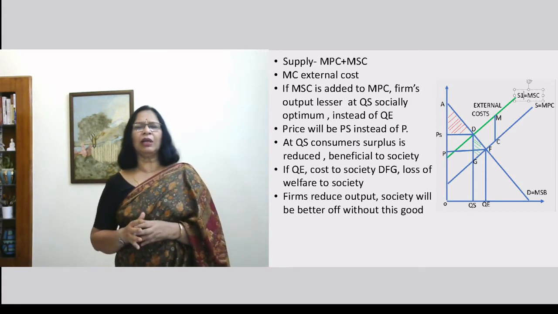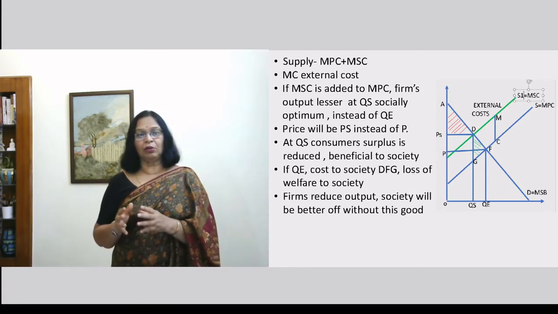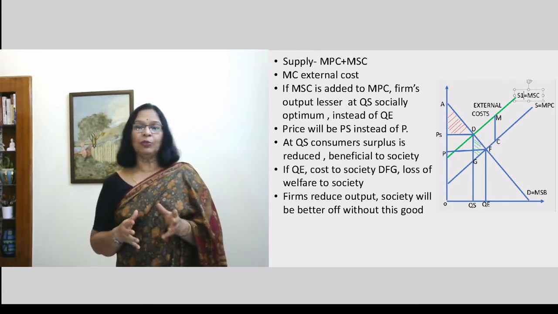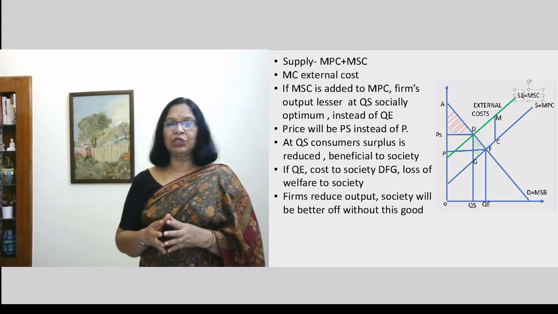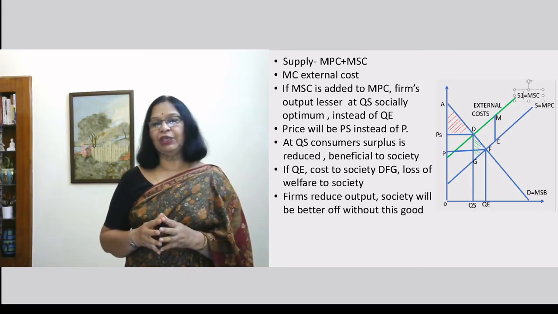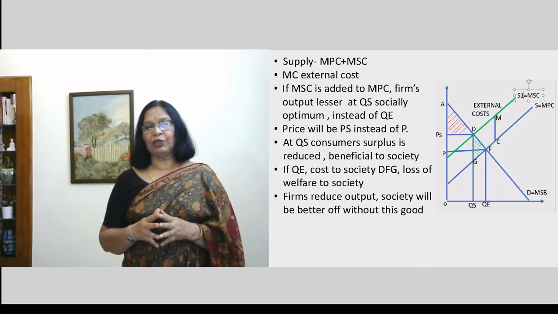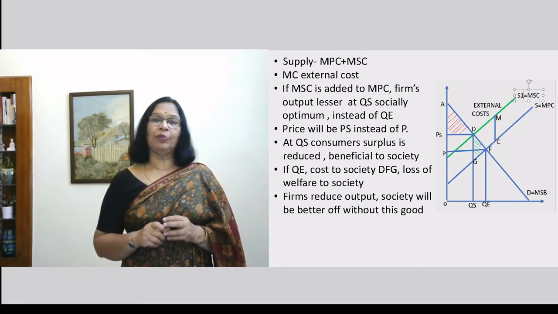Now, what has happened is at QS, the consumer surplus is reduced, and at QE, DFG, that green triangle, is the loss of welfare to society in terms of less production.